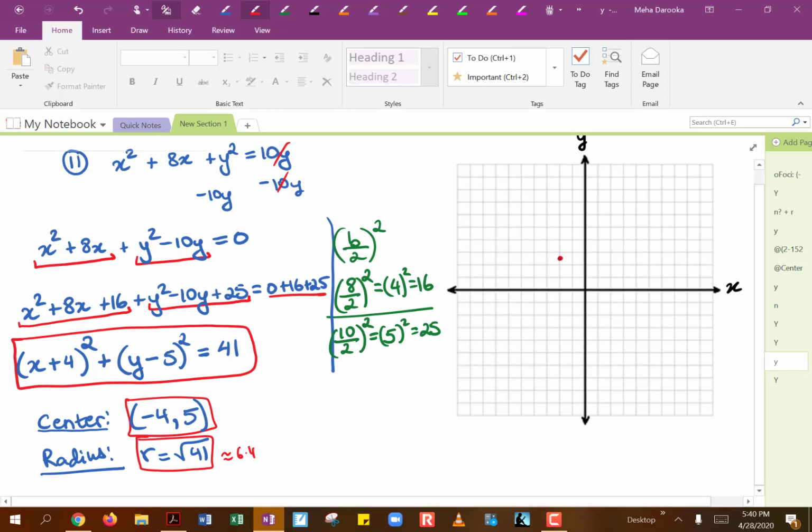So 1, 2, 3, 4, 5, 6, about 6.4 here, and again 6.4 in each of the other directions, somewhere over here.